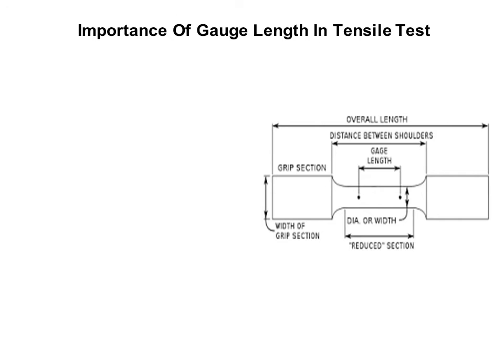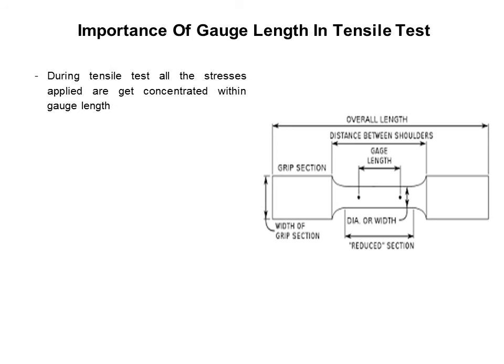Now, we already saw in the previous figure the gauge length and total length. So, what is the gauge length and the importance of gauge length in the tensile test? See here in this diagram, we already see the gauge length here, the distance between shoulders is the total length, and the distance from one end to another end is the overall length.